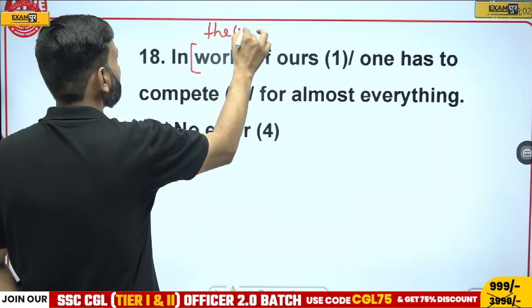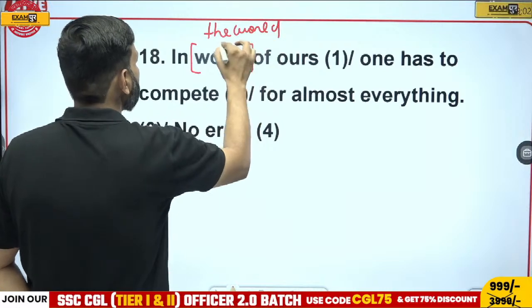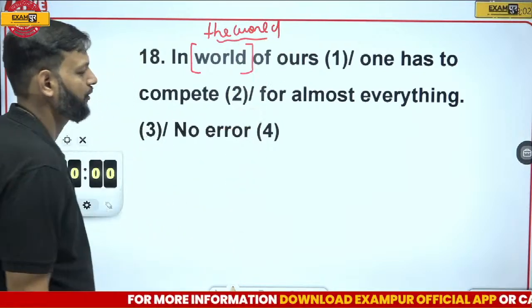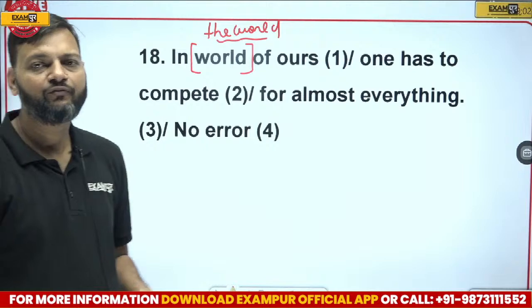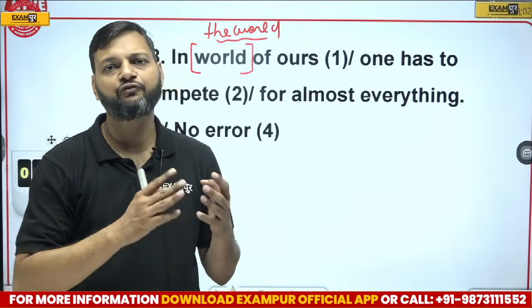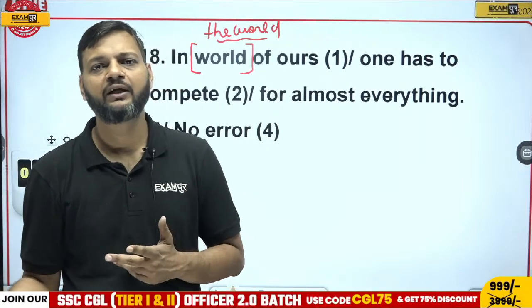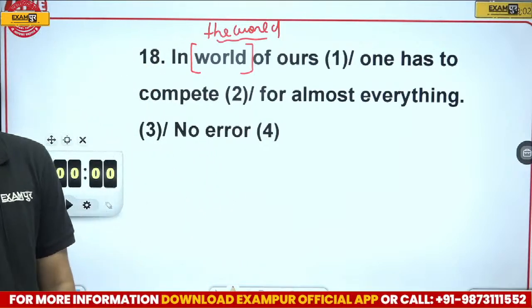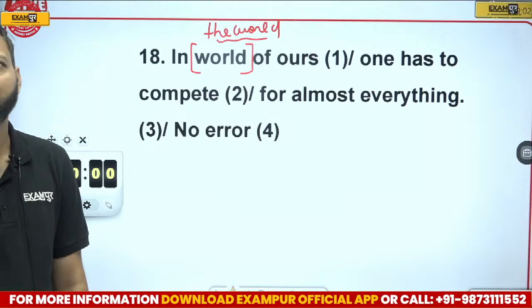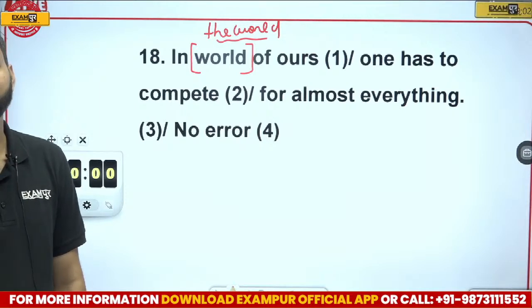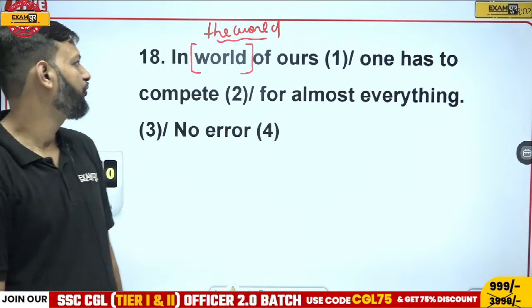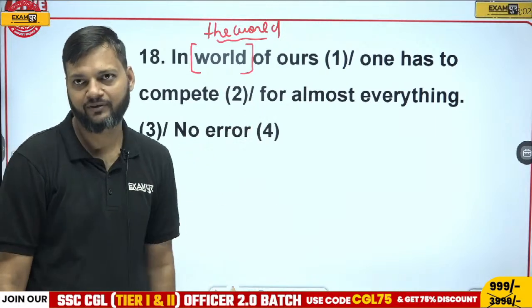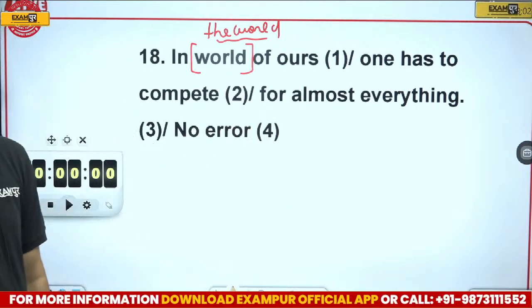In the world of ours. Whenever a noun is followed by a preposition, it should be used with the. So here, in the world of ours is the right answer.